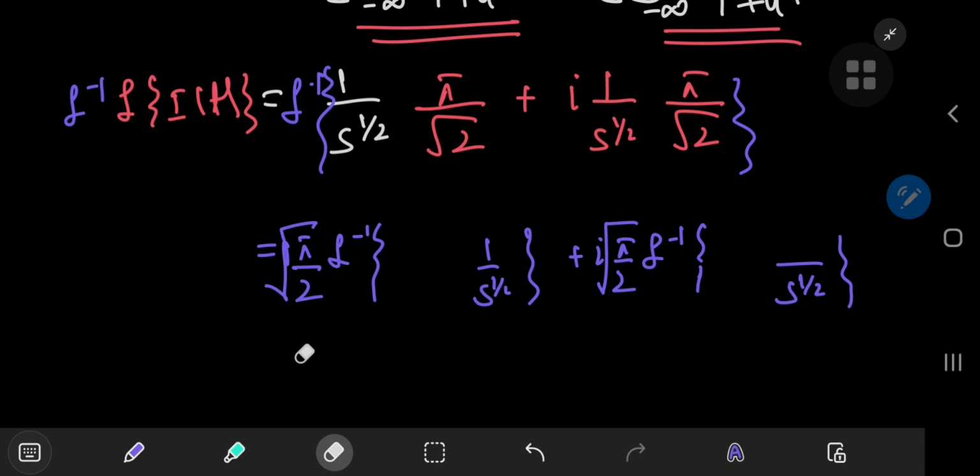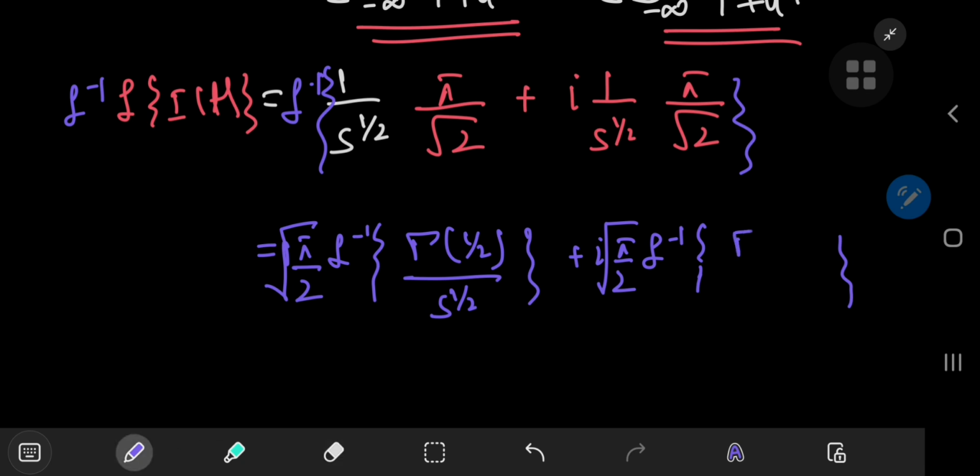And inside you still had 1 square root pi left, and square root pi is the gamma function of 1 by 2. So I hope you were following me while I was doing all that stuff here. So we have gamma functions, gamma 1 by 2 by s to the 1/2.